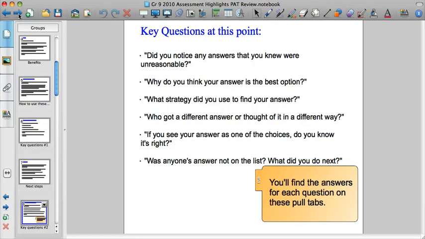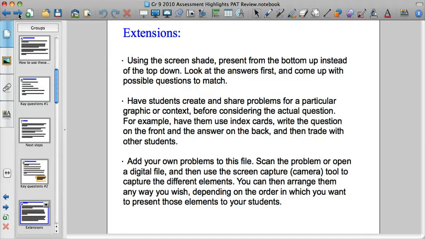The little orange pull tab has the answers on it. We also provide extensions, and basically the sky's the limit for anything that you can think of. We'd appreciate any feedback if you try it and come up with some better ways.